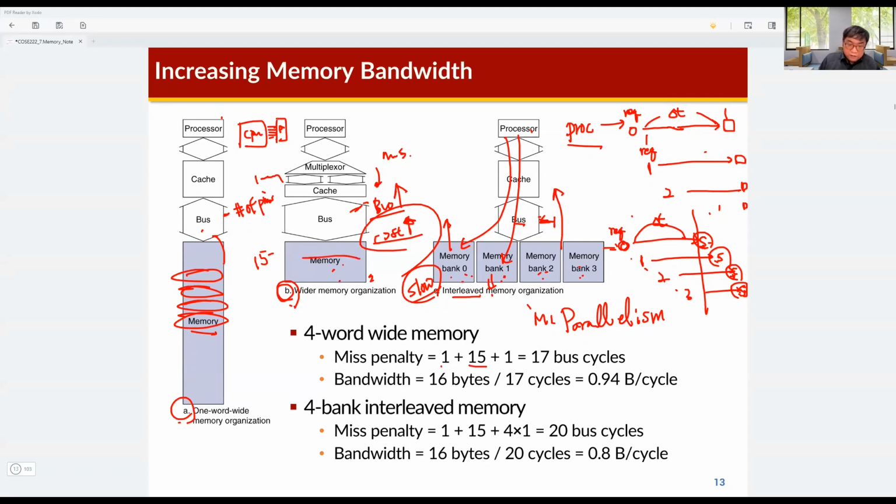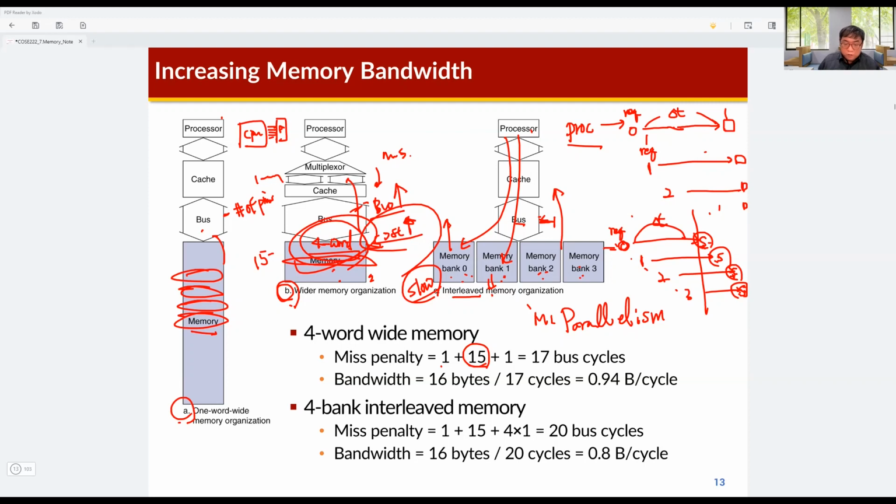The entire data is transferred to the cache, so it will take only 15 cycles.